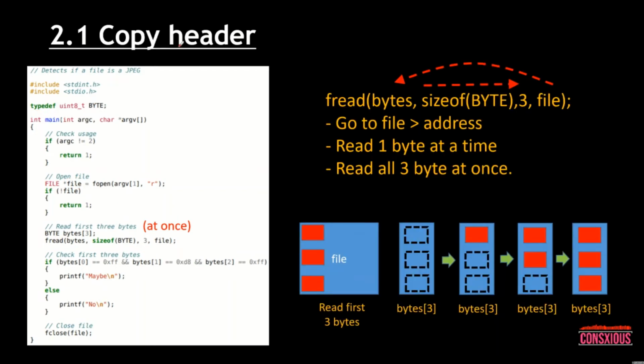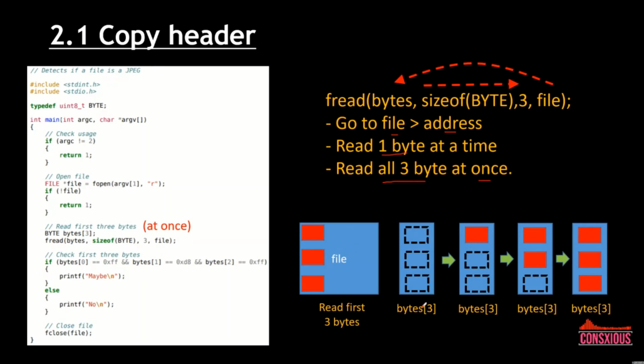To have a simpler way to understand, basically we go to the file, then to the address. We're going to read 1 byte at a time, then we're going to read 3 bytes at once. So there's a file here, and we're going to read 3 bytes.